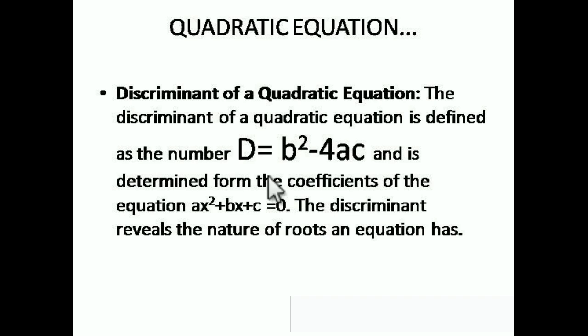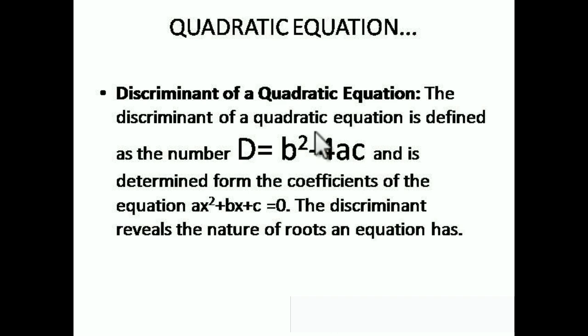The discriminant is defined as D is equal to b square minus 4ac. If we know D, we can find the roots: x is equal to minus b plus or minus square root of D upon 2a.